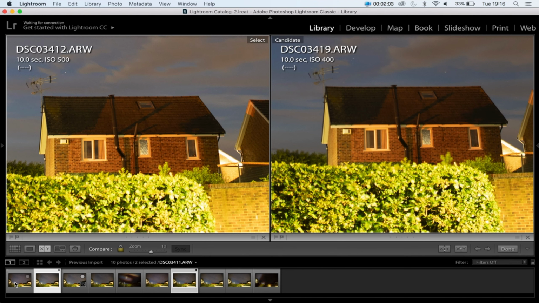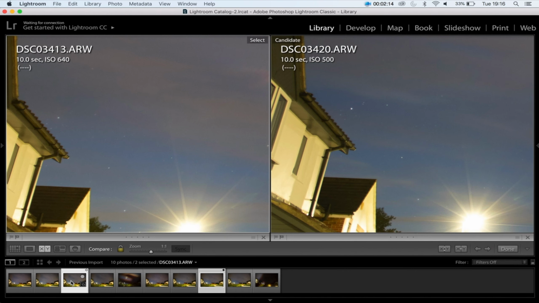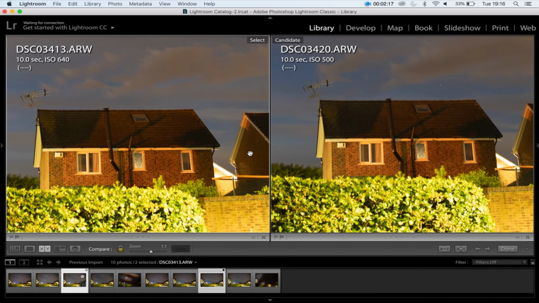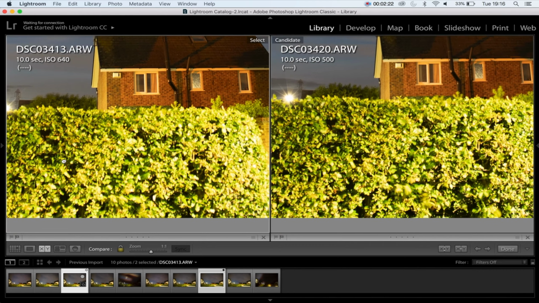So this is at f2, and again, obviously this one's out of focus. Detail gets a little bit better here. This one is what I believe is at 2.5. And again, this one starts to sort of come into focus now, but this one, the detail is getting a lot better.